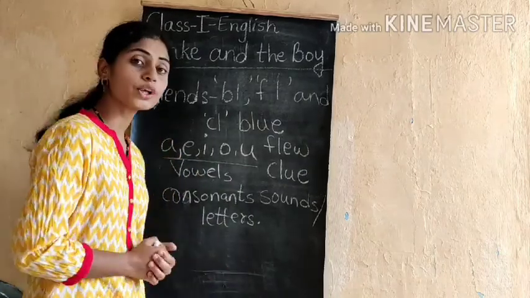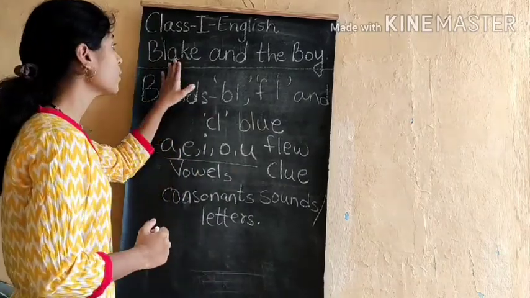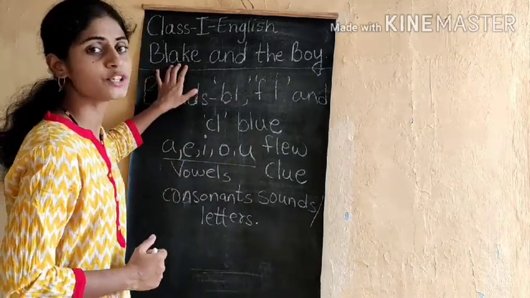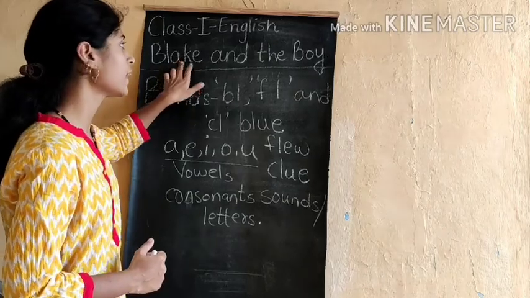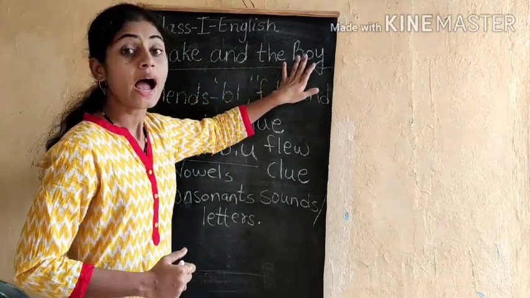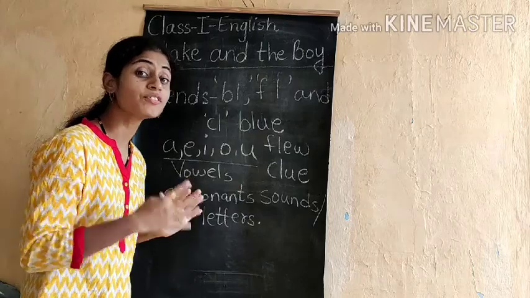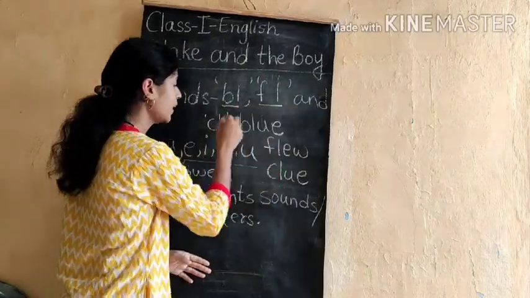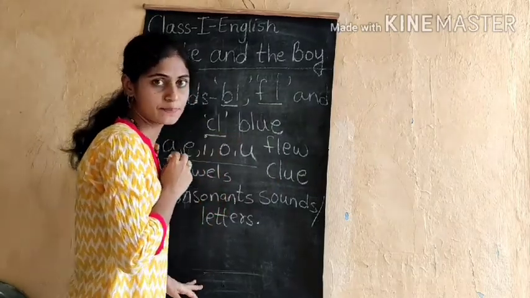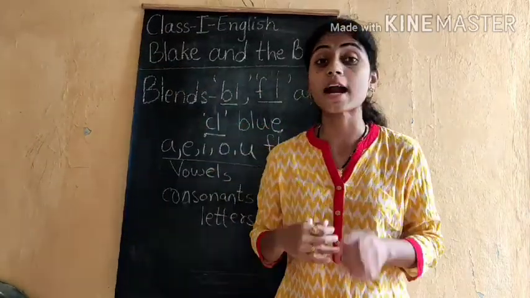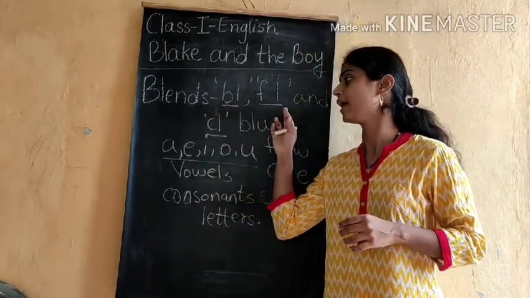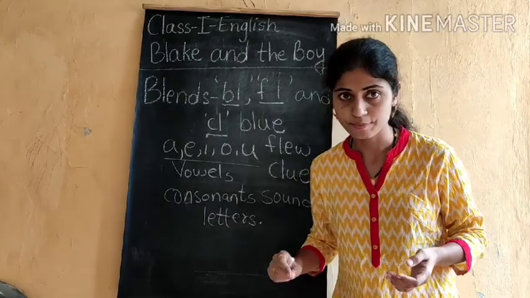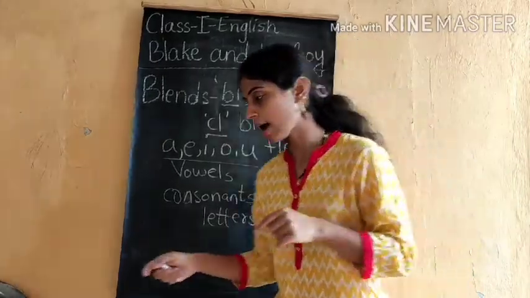Today, children, we are going to study a new comprehension lesson, Blake and the Boy. From this lesson we are going to find BL, FL and CL blends. Words which start with BL, FL and CL, we are going to underline in the lesson itself. You have this book.